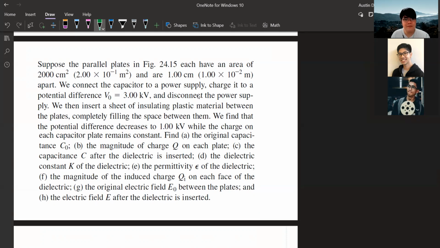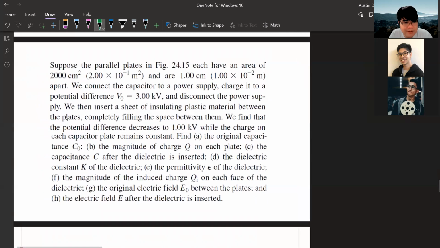Then, you connect it up to a power supply. I-charge mo siya sa potential na 3,000 volts or 3 kilovolts. Then, you disconnect it after ma-charge mo siya.